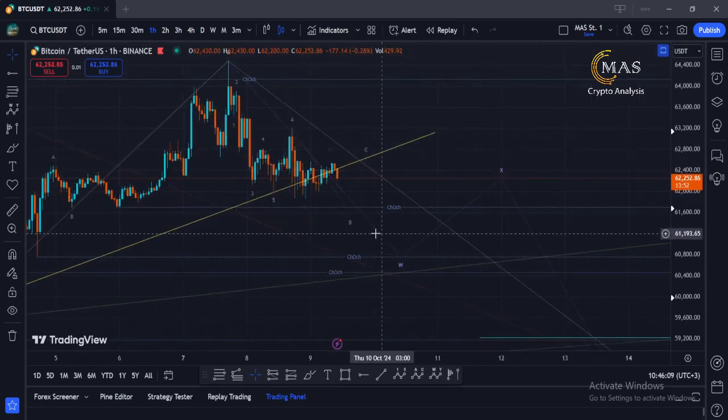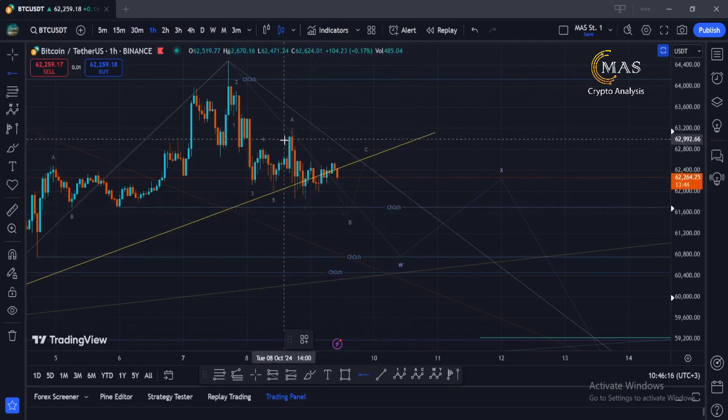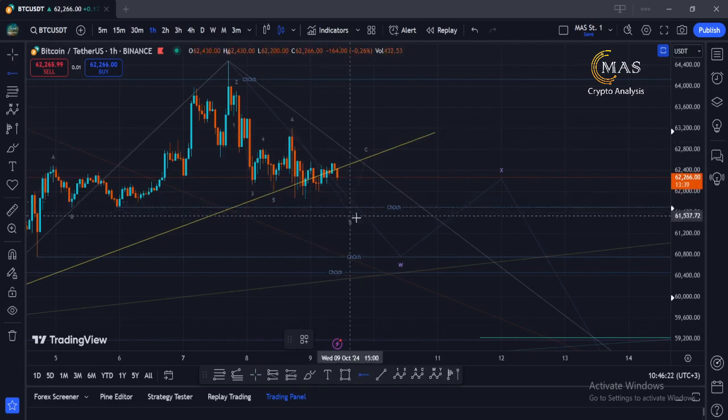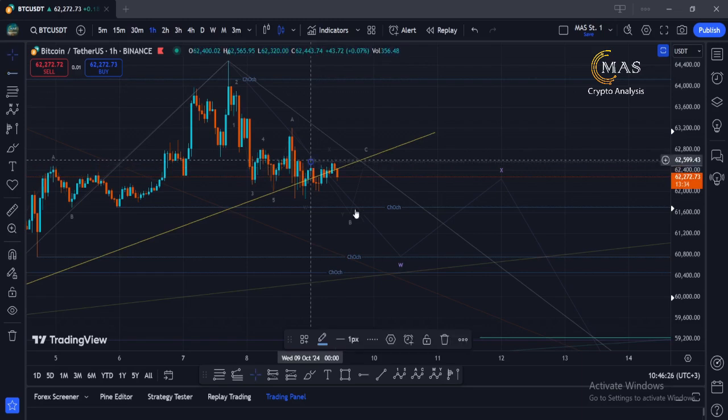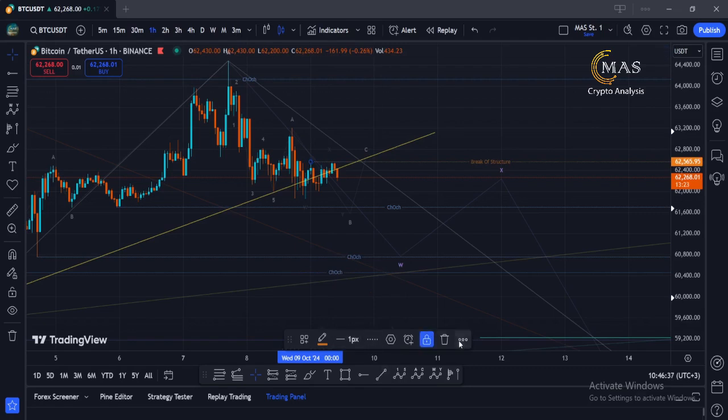I'm searching with you about these main scenarios and the main levels here, and after reaching for this down, I can expect it to end this WXY, to end this gray B. You can see it clearly here, but firstly, before breaking this low, I will name this as BOS here, my friend, until breaking this low. Until breaking this low, I will change it to be a change of character.